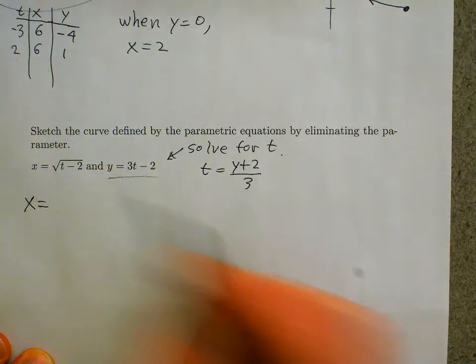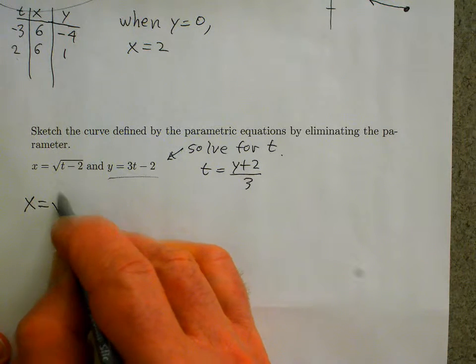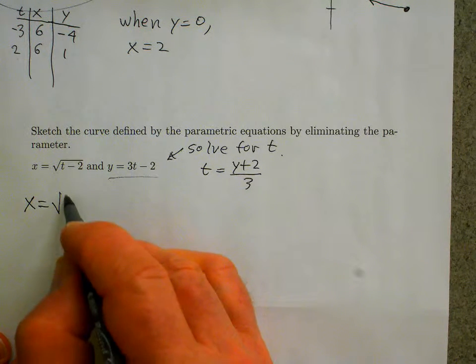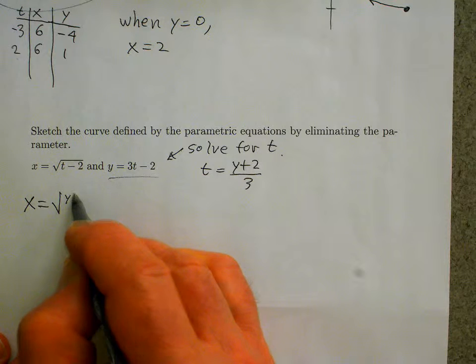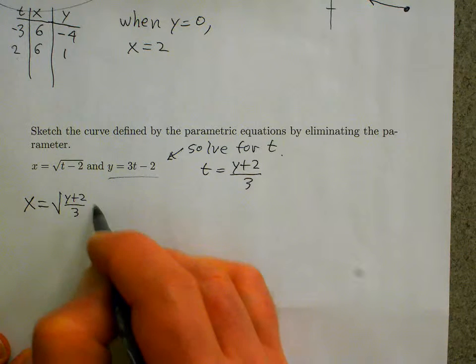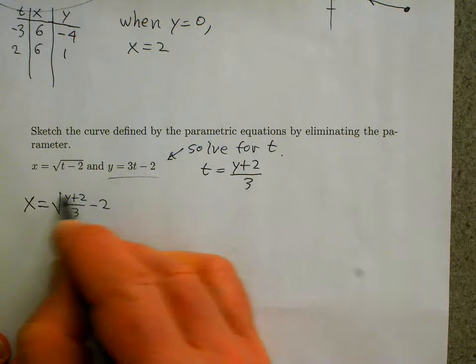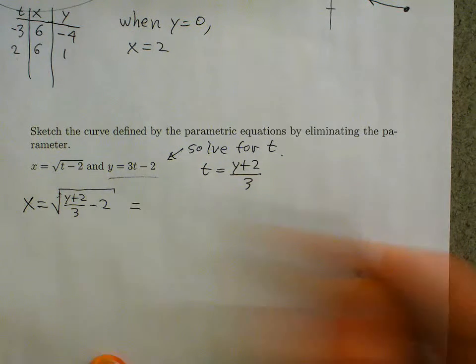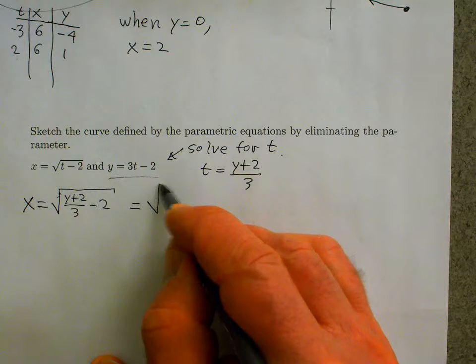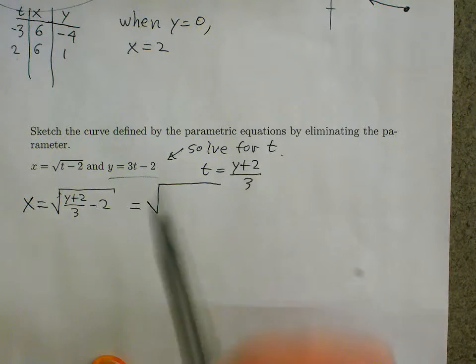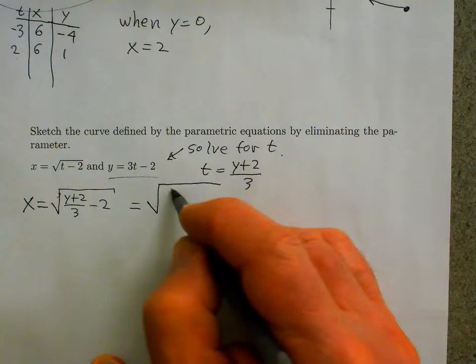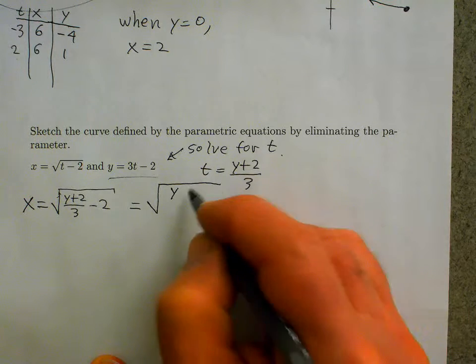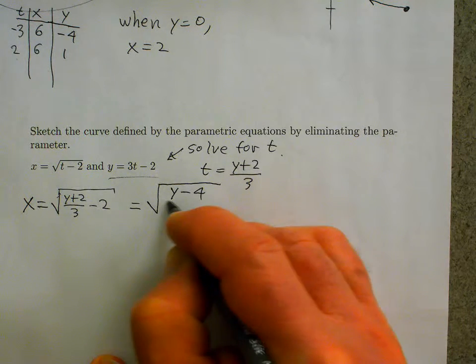And then we get x equals the square root of y plus 2 over 3 minus 2. And if we simplify what's inside this square root, this will become the square root of y minus 4 over 3.